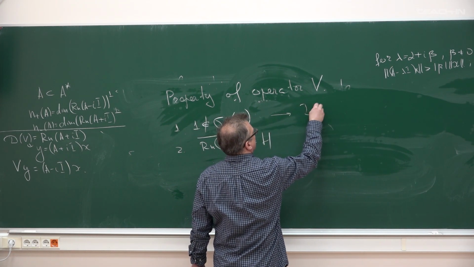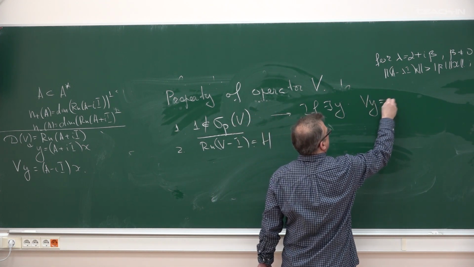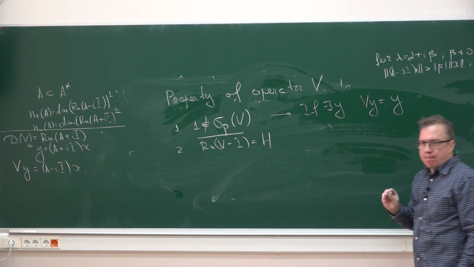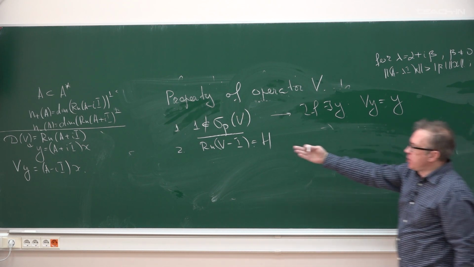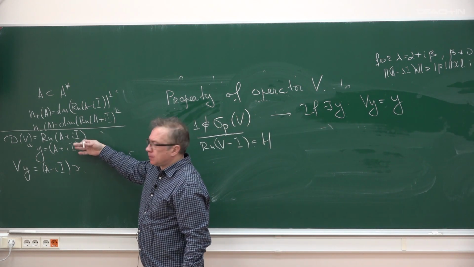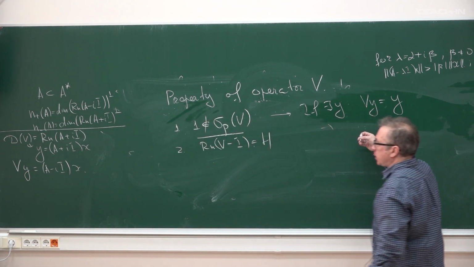if there exists y such that Vy equals i y, the definition of the point spectrum, yes? Then take these formulas and write them.